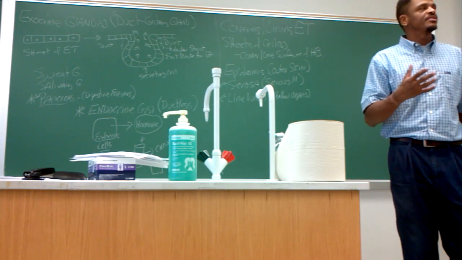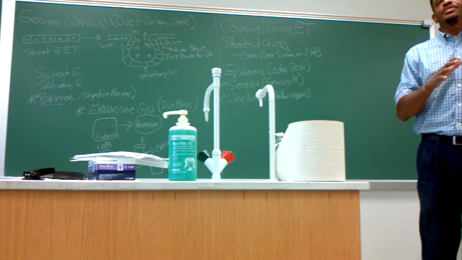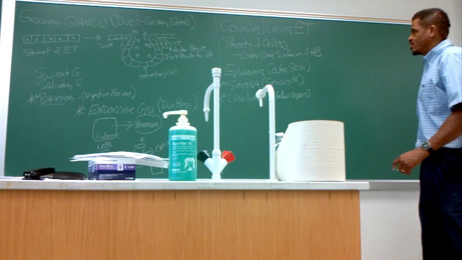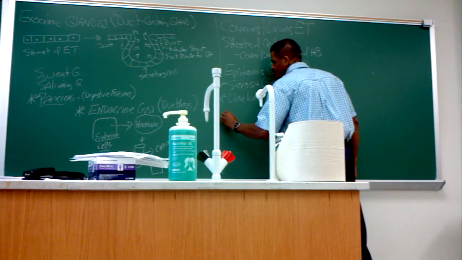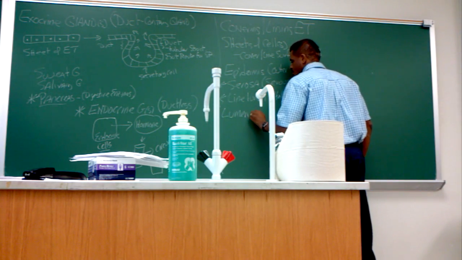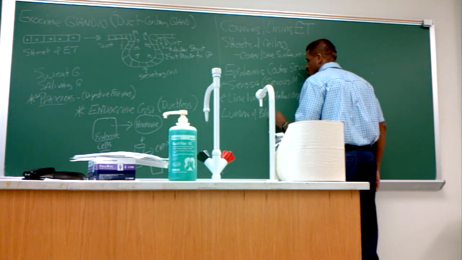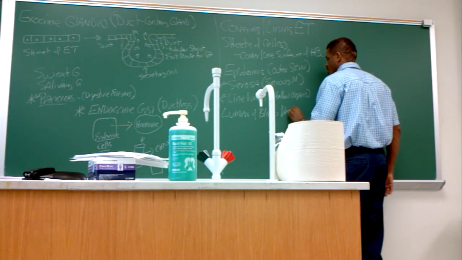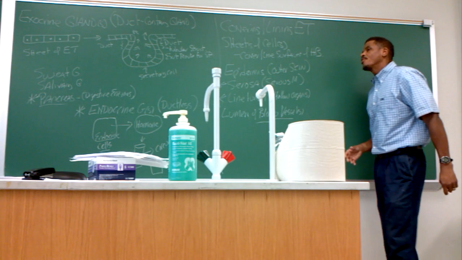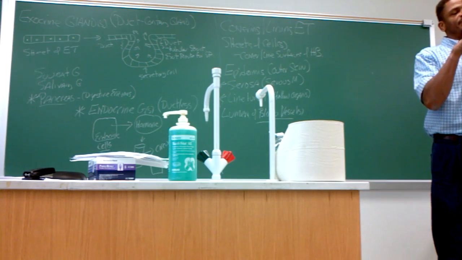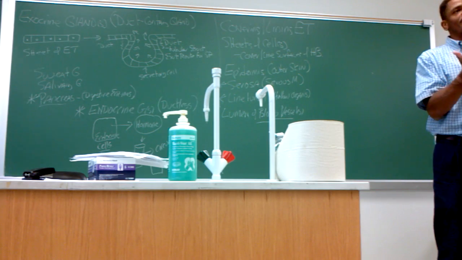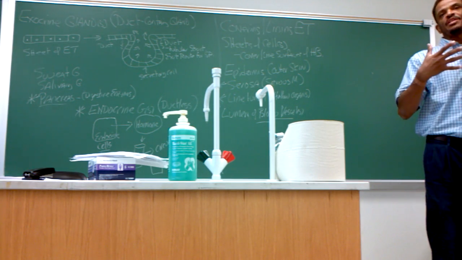We have epithelial tissue lining the lumen of these organs, the urinary bladder. It will also line the lumen of our blood vessels. We have what's called the endothelium. Endothelium is a type of simple epithelial tissue that lines the lumen of the blood vessels, coming in direct contact with the circulating blood that circulates through the vessels.